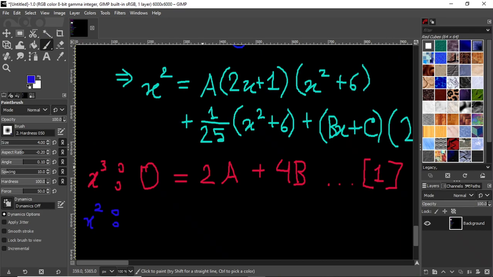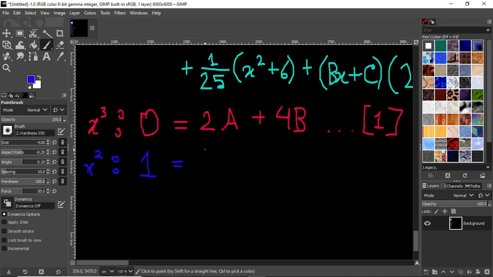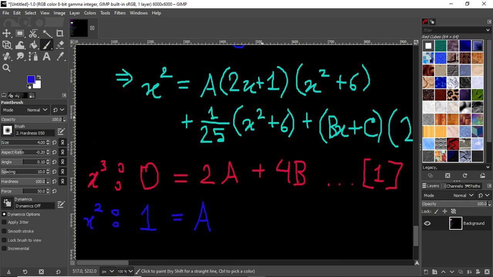And what we'd get is, the left hand side is 1x squared, and here we get x squared here, and that seems to be the only one. Okay, so we get a here, we get 1 by 25 plus 1 by 25.